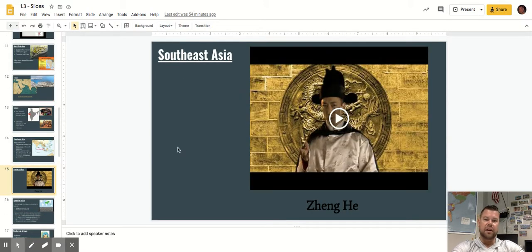The key figure in this region during the time period, we've referenced him. We're not going to get really into him yet until we start to talk about the Ming, but his name was Zheng He. And by clicking on this, you can kind of see what Zheng He's role was, how he went about it, how he established contact with both the east and west coasts of India and even the west coast of Africa, which is unheard of.